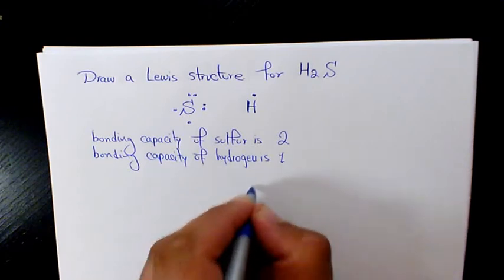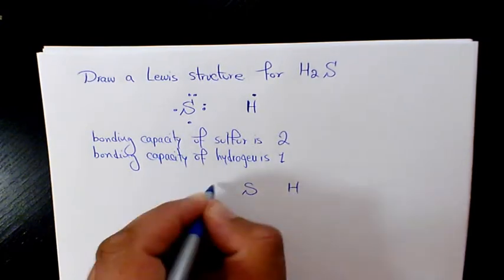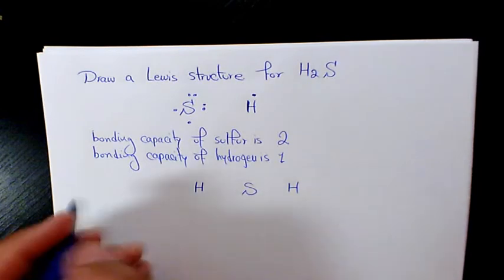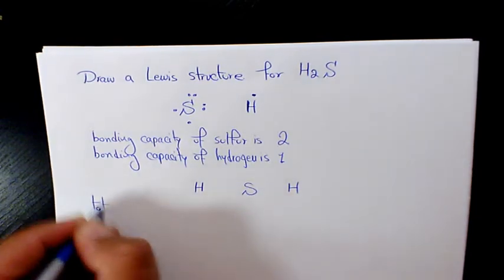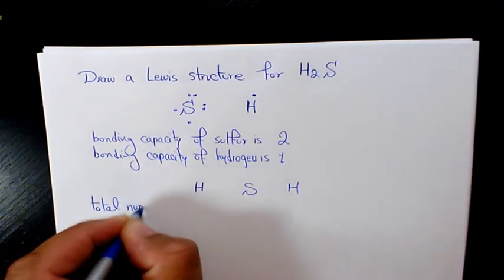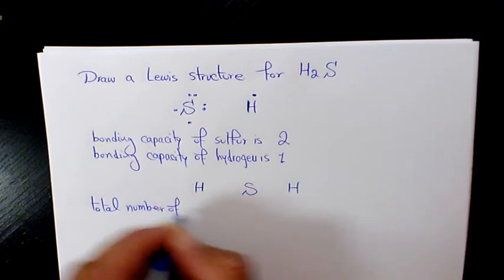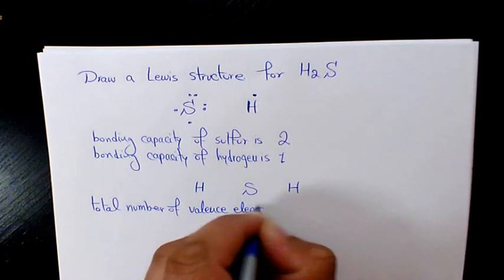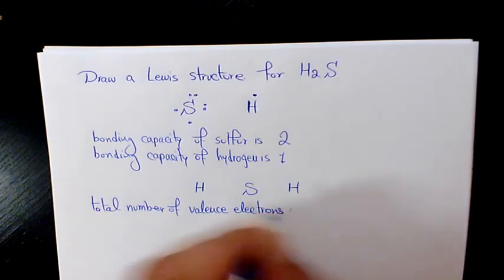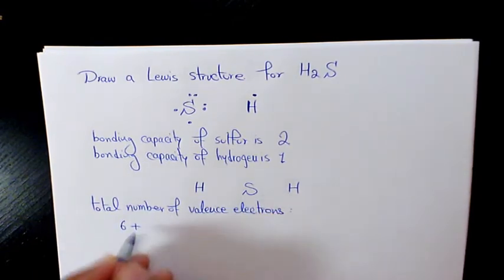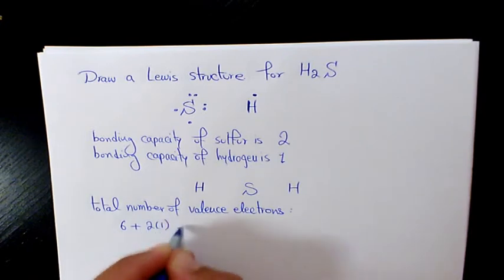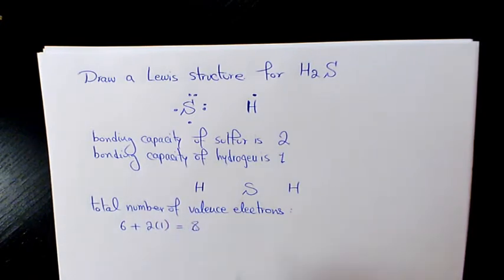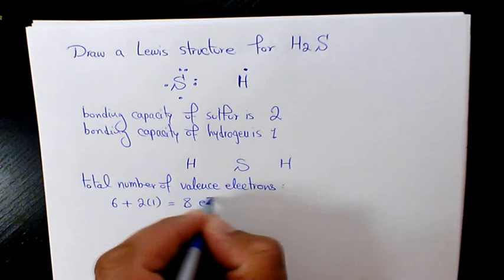So we place the element like that, and then we find out the total number of valence electrons. We have 6 electrons for sulfur, and 2 times 1 for hydrogen, which is going to be 8 electrons in total.